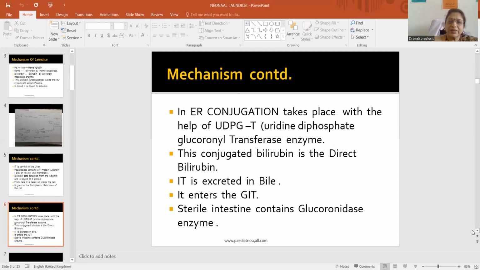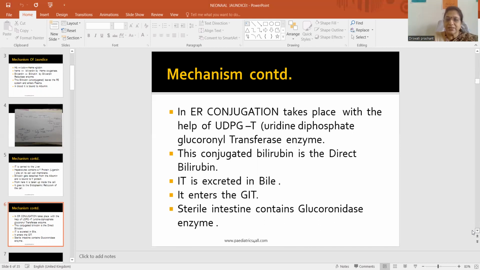In the endoplasmic reticulum, conjugation takes place with the help of UDPG, that is uridine diphosphate glucuronyl transferase enzyme, which is present inside the endoplasmic reticulum. This conjugated bilirubin is the direct bilirubin. It is excreted in bile and enters the GI tract.